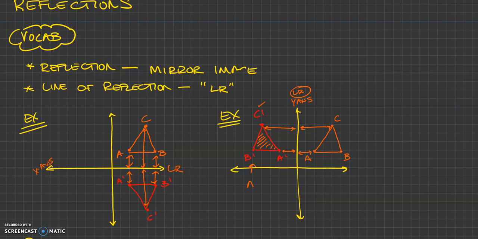But this would be A prime and that would be B prime with a translation. Because with a translation, I'm not reflecting anything. I'm simply sliding it. See the video on translations to help you with that. But that's a big difference between a reflection and a translation.